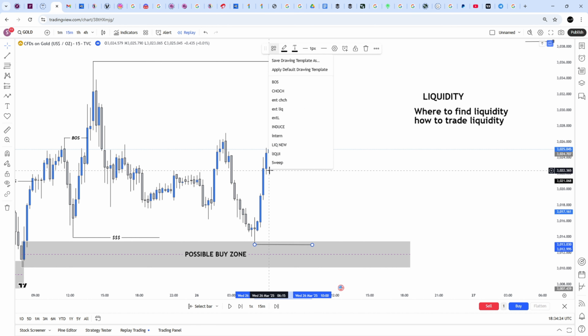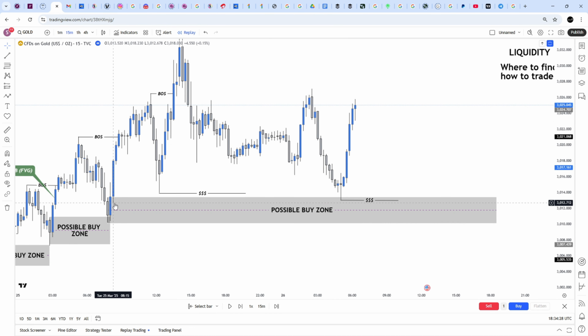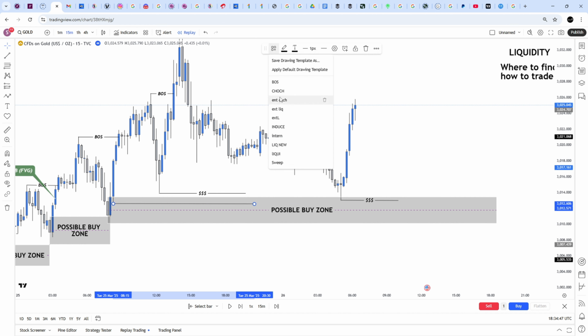Now, if we can see very well, the last liquidity that we have here was this zone. So which means buyers again entered from here and left stop losses here. So this liquidity is not yet taken out. So anytime the market might come for this liquidity in order to sweep all the liquidity that has been left here so that the market can continue its direction.